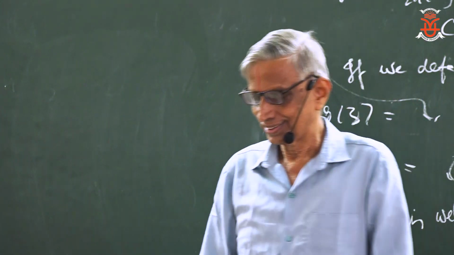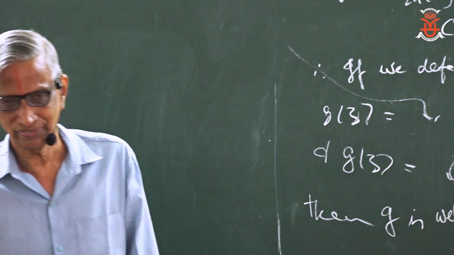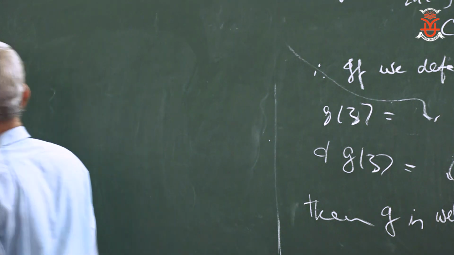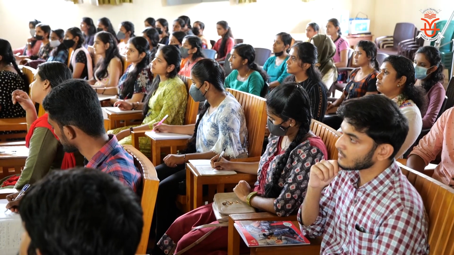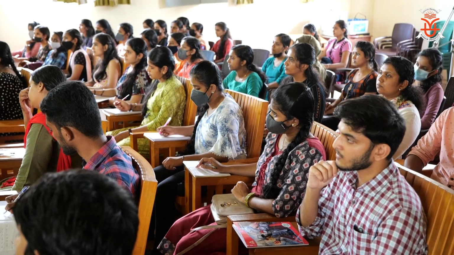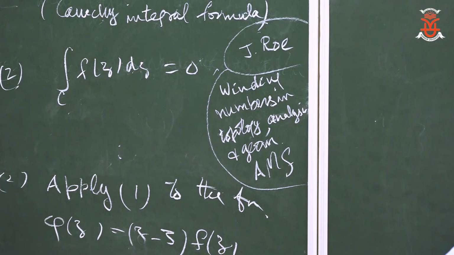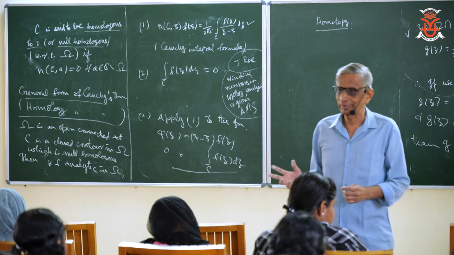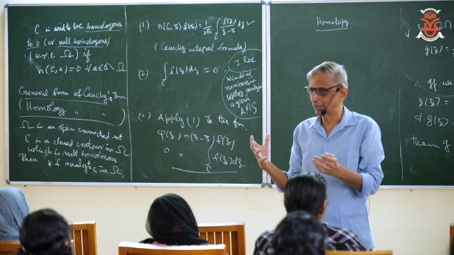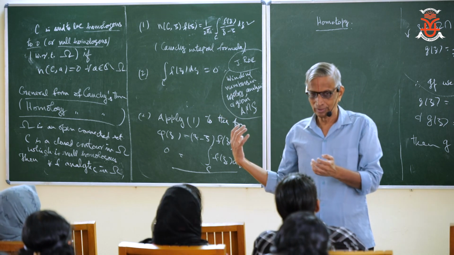It contains lots of very nice things involving winding numbers and other things. The AMS has a series called Student Mathematical Library or something of that kind. That series you have.